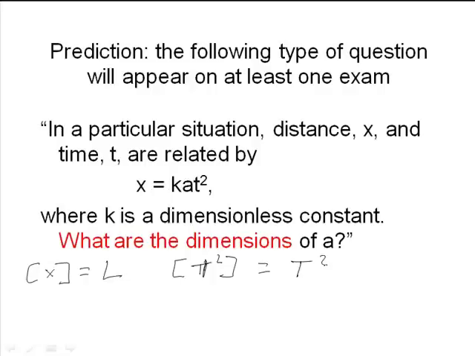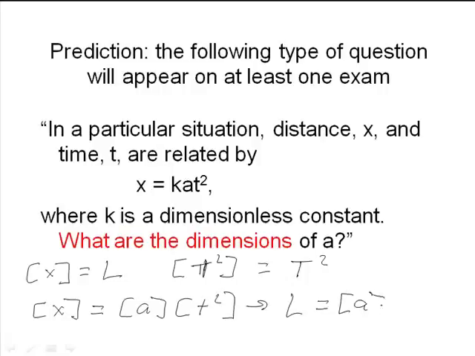K is dimensionless, so all I'm left with is that the dimensions of x had better equal the dimensions of a times the dimensions of t squared. But that means length is going to equal the dimensions of a times the time squared, so the dimensions of a had better be length over time squared. That is the only option that will give us the right results.